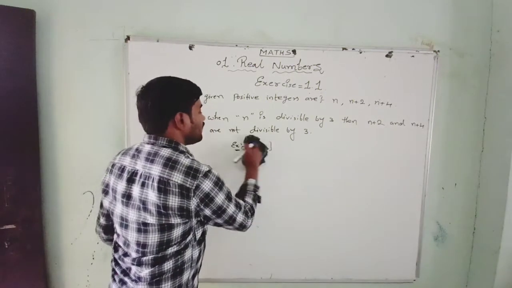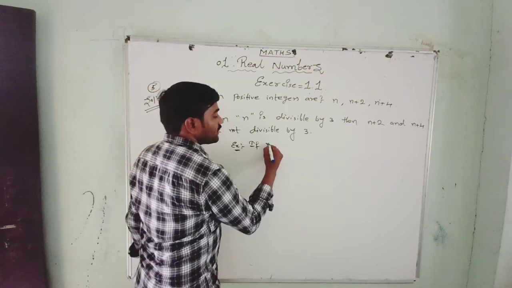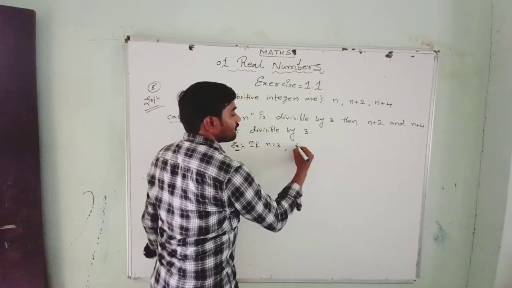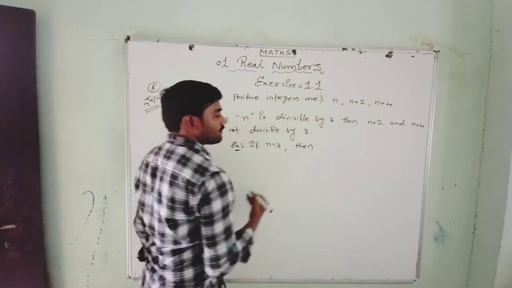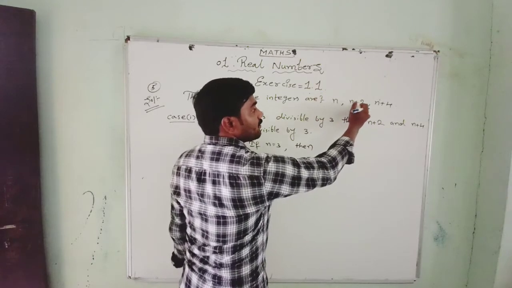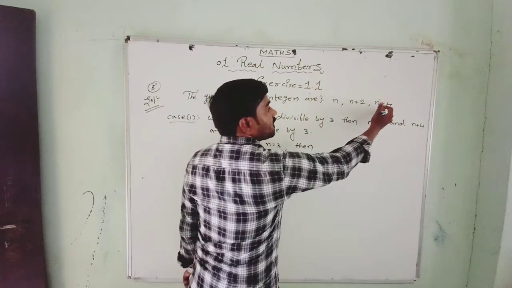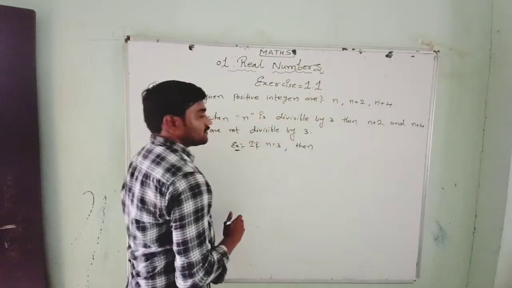For example, if n equals 3, then n is divisible by 3, and n plus 2, that is 5, and n plus 4, that is 7, are not divisible by 3.